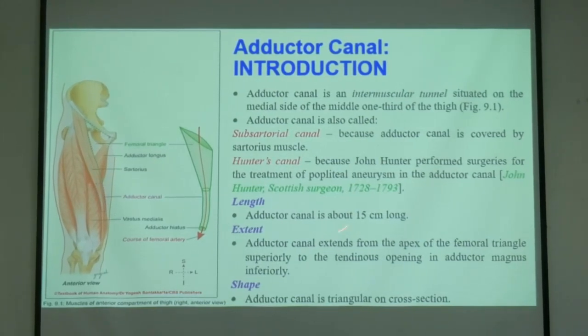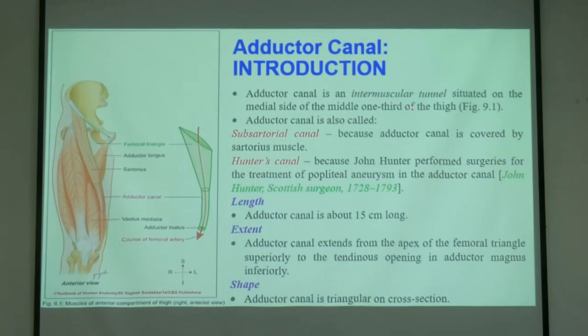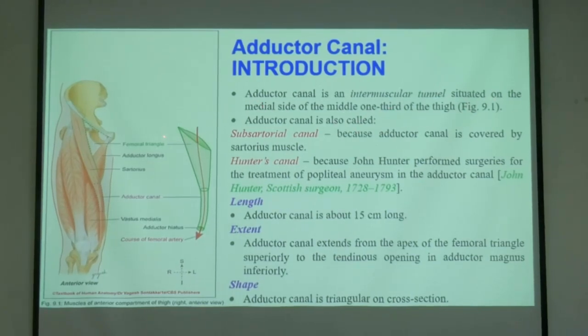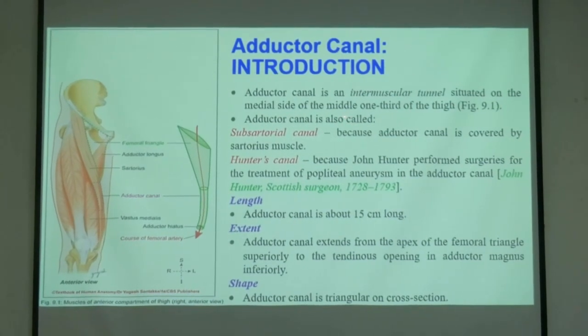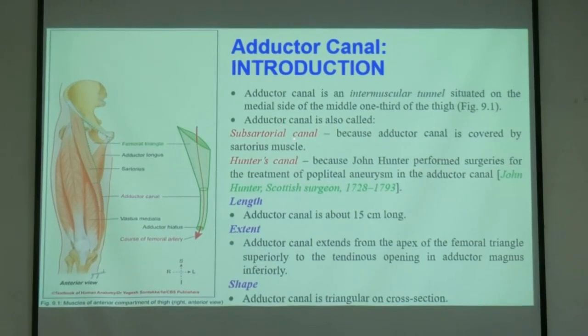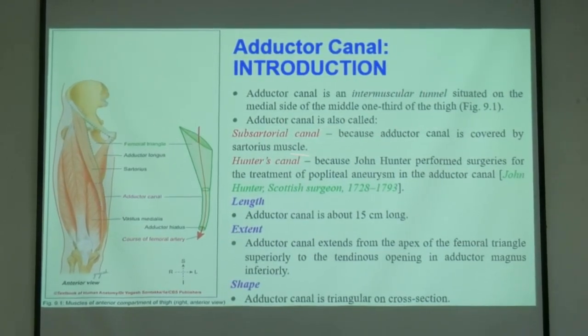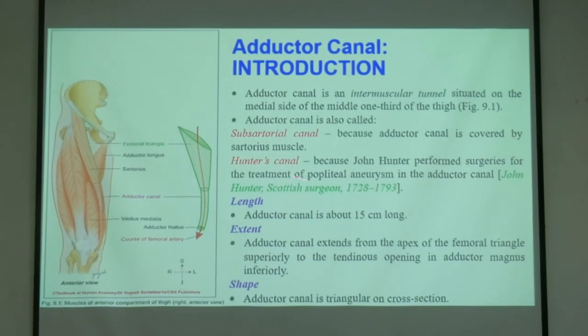Adductor canal is an intermuscular tunnel situated on the medial side of the middle 1/3 of the thigh. This is the location. It is also called subsartorial canal or Hunter's canal.